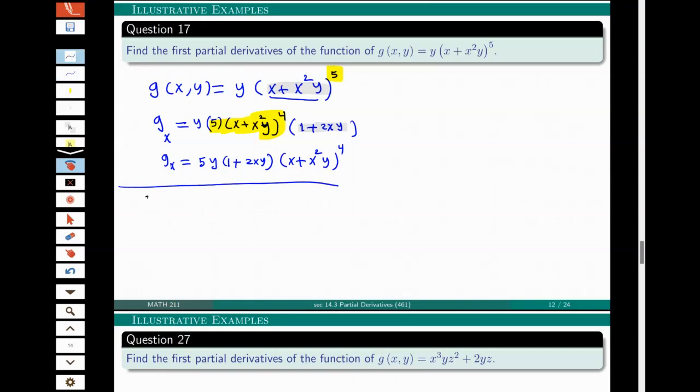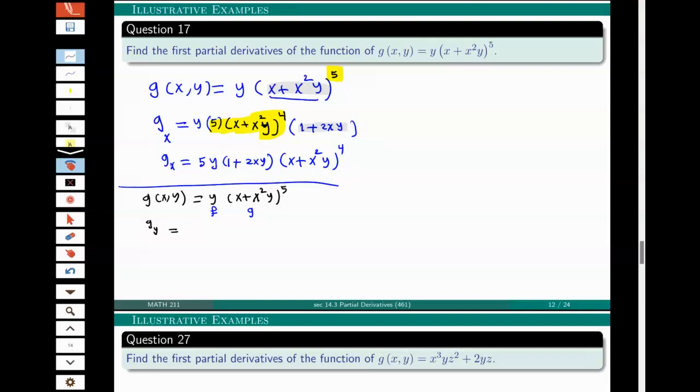Now, what if we have g of x, y equals y times x plus x squared y to the power 5? I need g sub y. So I will say here we have to be careful because I have a product rule. I have f times g because here it contains y, here it contains y, so we will apply the product rule.